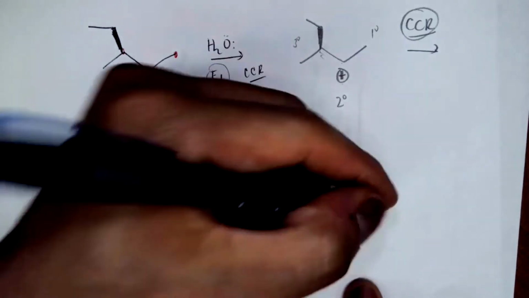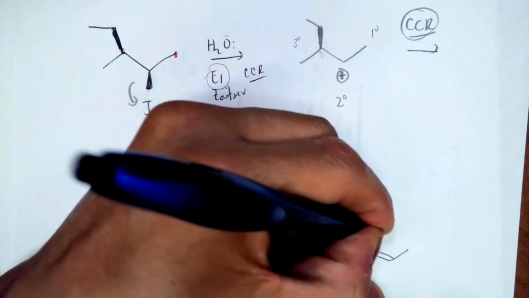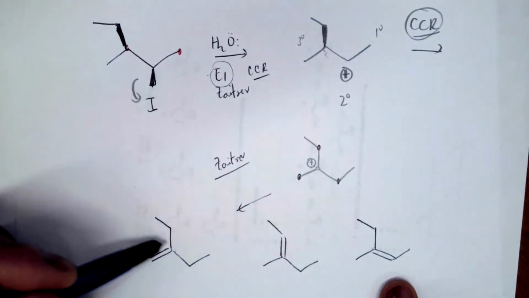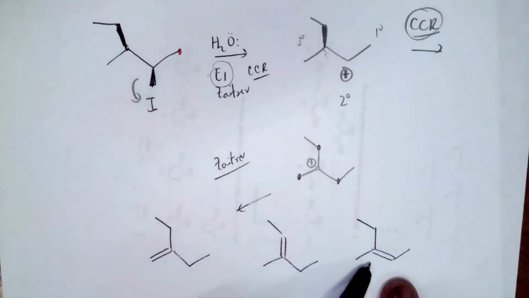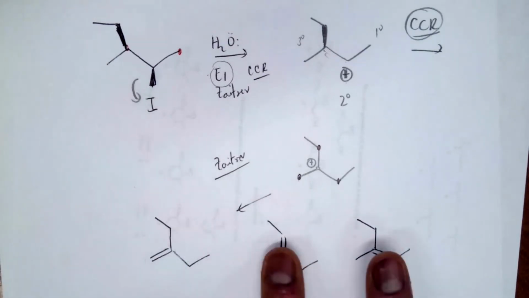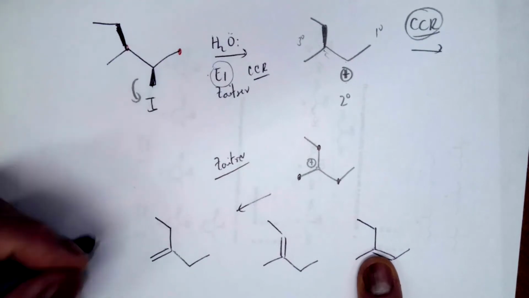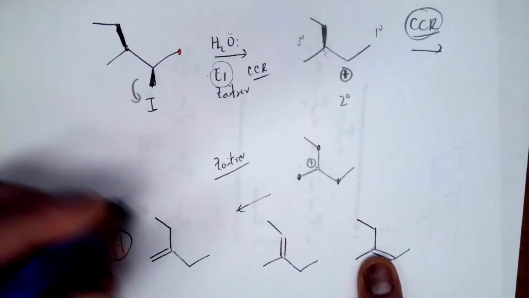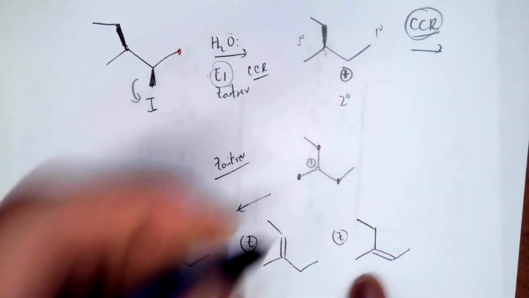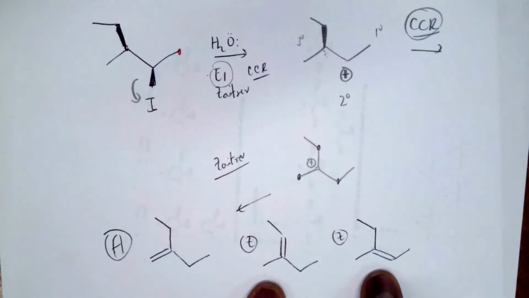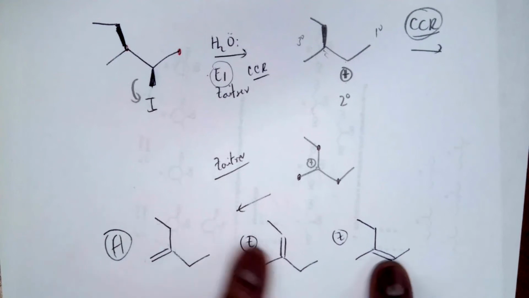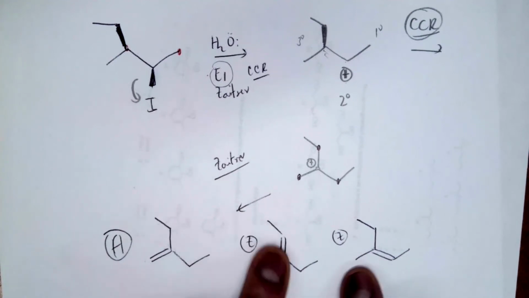If I do the one at the bottom, I will get that. So disubstituted, trisubstituted, trisubstituted. These two are Zaitsev. This one is Hofmann. Now, out of the two Zaitsev, is there any difference? Not really, right? They are the same.